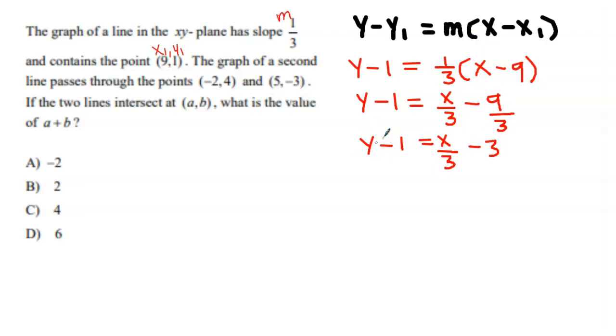Now we want to isolate the y, so add the 1 and repeat the same thing here. When we do that, we get y equals x over 3 minus 2. So this is going to be equation 1.